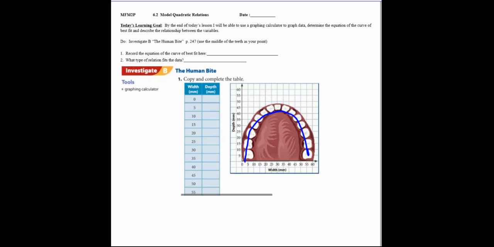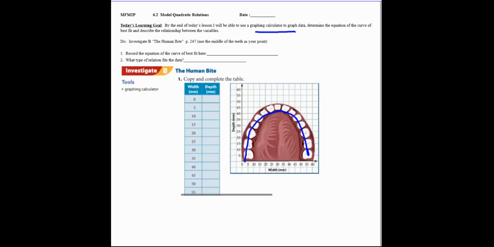It is not easy to come up with an equation. We need the help of a graphing calculator, so we're definitely going to use that, and I'll show you how. This is a lesson about what quadratics mean and what parabolas look like, but it's more about how to use your graphing calculator to help you.